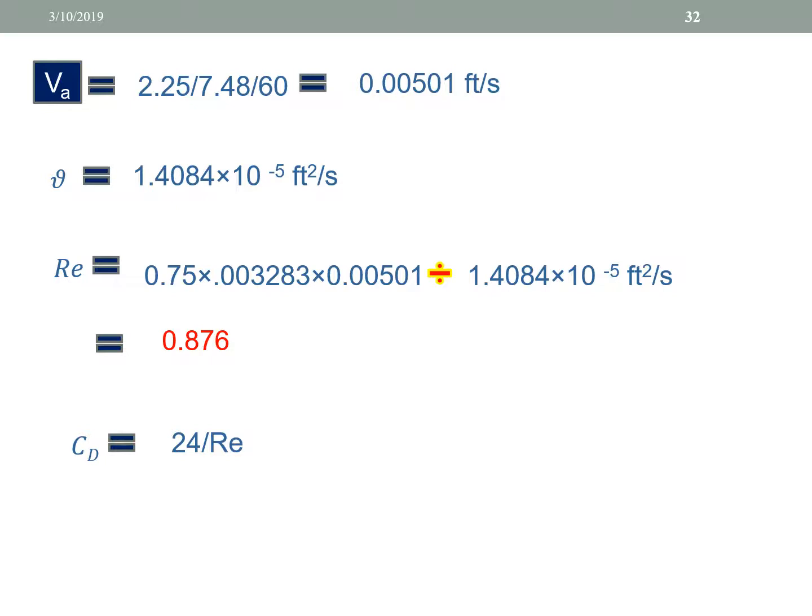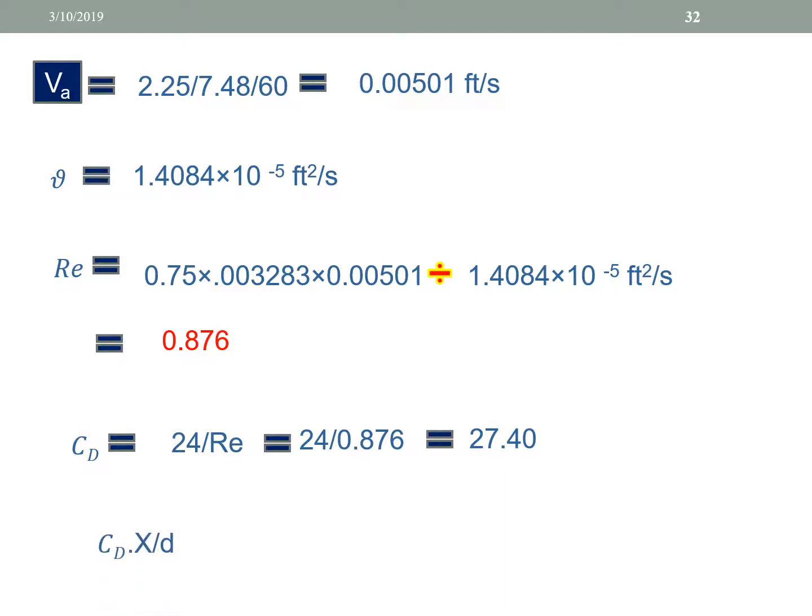The first one is 24 over Reynolds number. That is for laminar flow. Why? If your Reynolds number is less than 1, we classify our fluid as laminar flow. So CD will be 24 over Reynolds number. From here, 24 over 0.876 that you calculated will be 27.4.